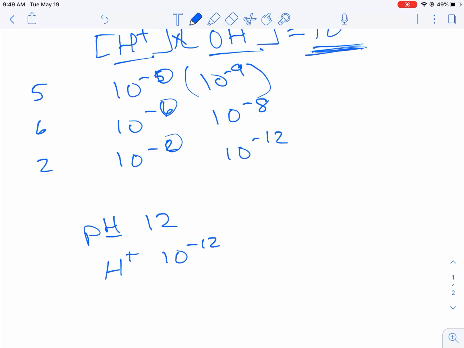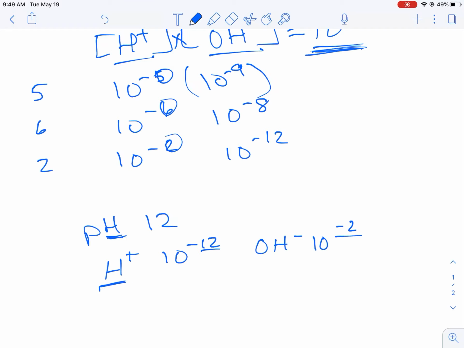If you want to know what your OH concentration is, you just have to realize that this number and this number have to add up to 14. So that's got to be 10 to the minus 2.